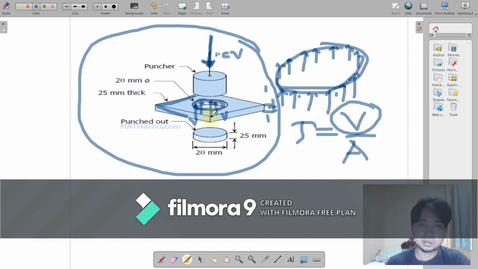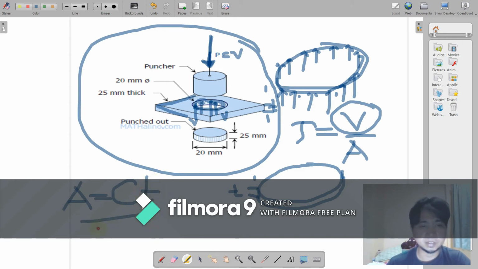What is the area that was cut out? The area that was cut out is actually the perimeter of the circle times the thickness. So the shear area is equal to the circumference, or the perimeter of the circle, times the thickness.